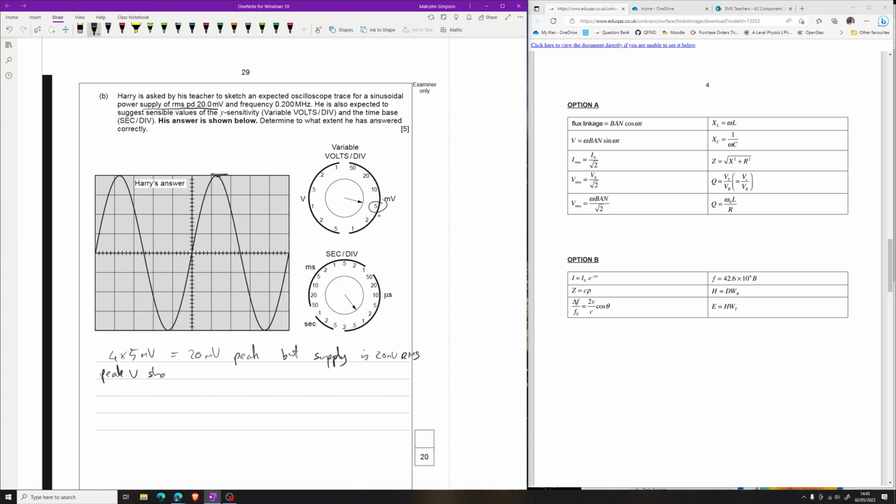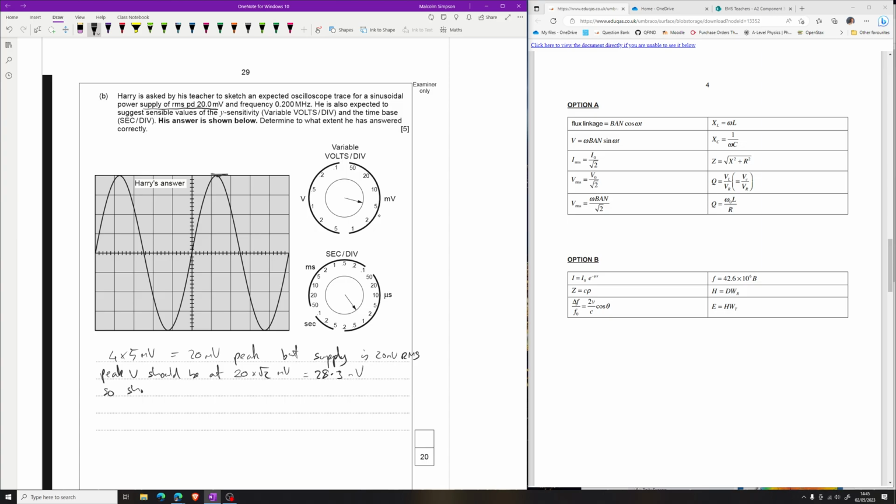Peak V is going to be 20 millivolts times root 2, which is about 28.3 millivolts. Therefore, he is incorrect.